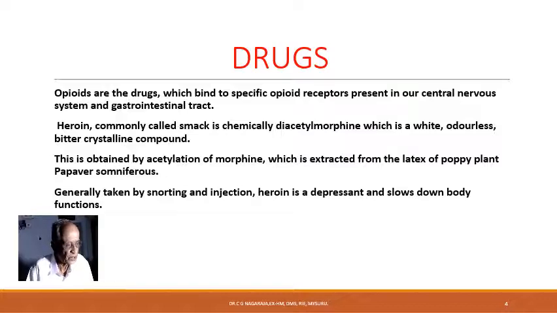Opioids, a group of drugs, are harmful to human beings when consumed, and in the beginning it may be just a habit, but habit becomes an addiction, and therefore we should not think of even these drugs. Now, generally they are taken by smelling, or in the form of an injection. They call it a shot. They take it, and these are not very good for human beings. Please don't think of this at all.